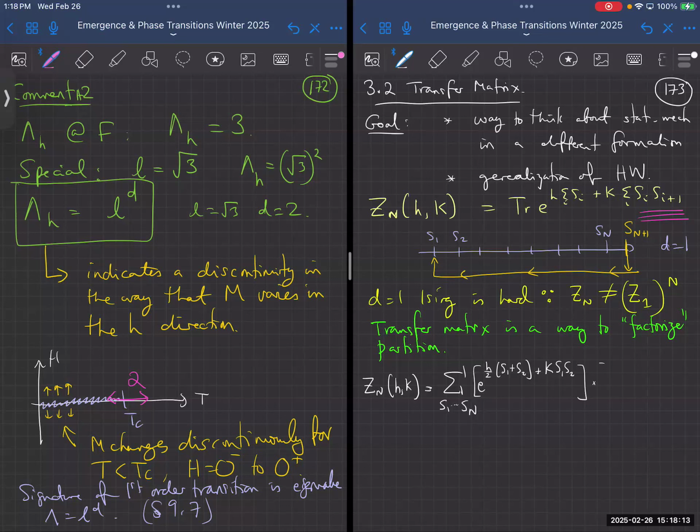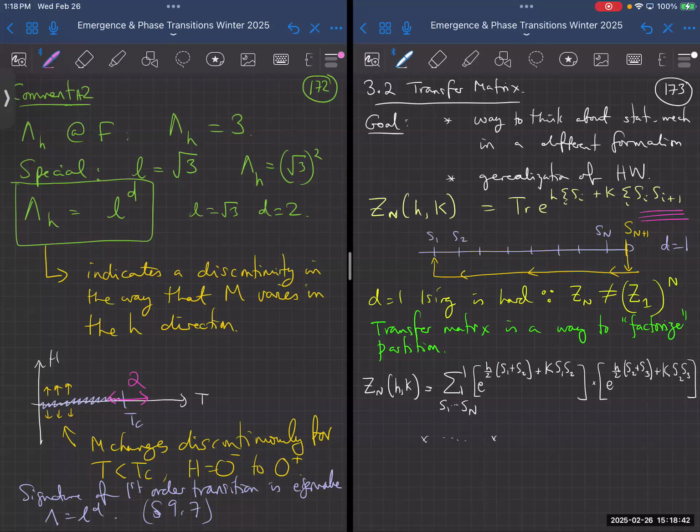Then the second term, I'm going to write as e to the h over 2 (S2 plus S3) plus k S2 S3, times dot, dot, dot.